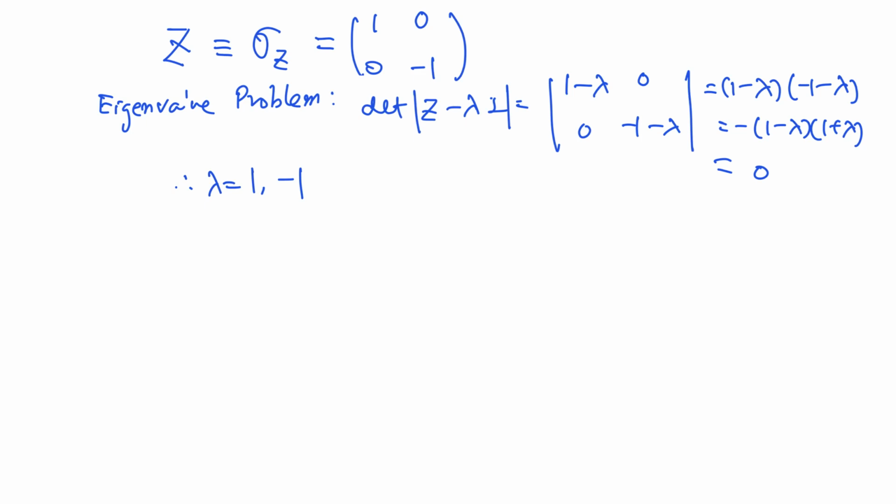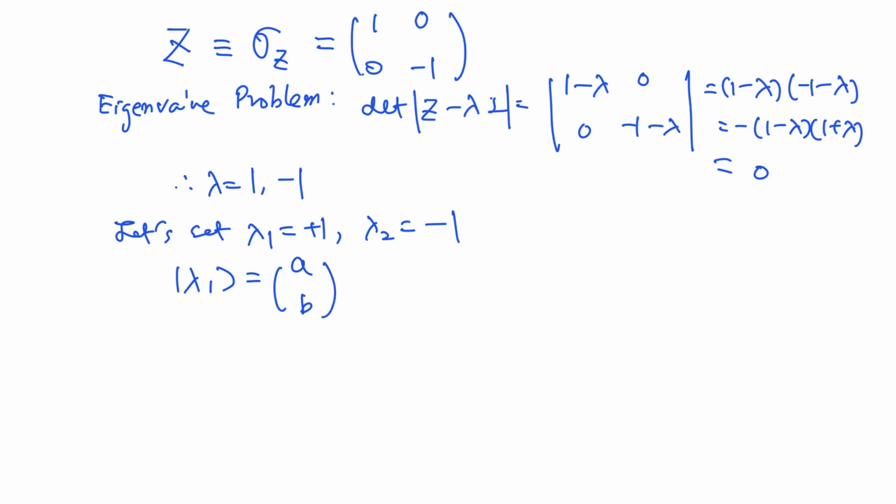So as before, let's set lambda 1 equal to plus 1, lambda 2 equal to minus 1. Then let's say lambda 1 is (A, B).